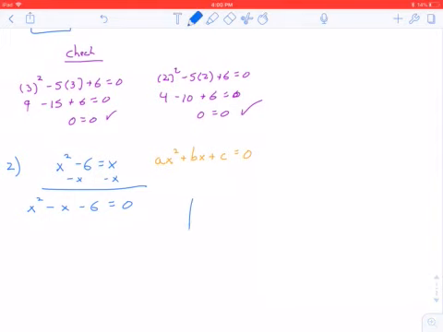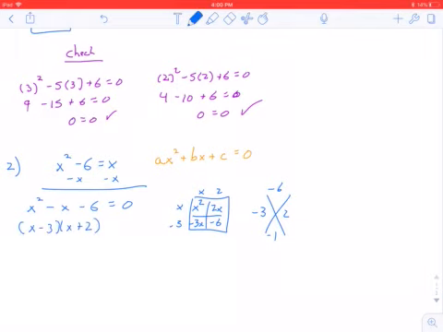Okay, if I factor this, I need two numbers that multiply to get negative 6 and add to get negative 1. Well, that's negative 3 and positive 2. So this factors to x minus 3 times x plus 2.